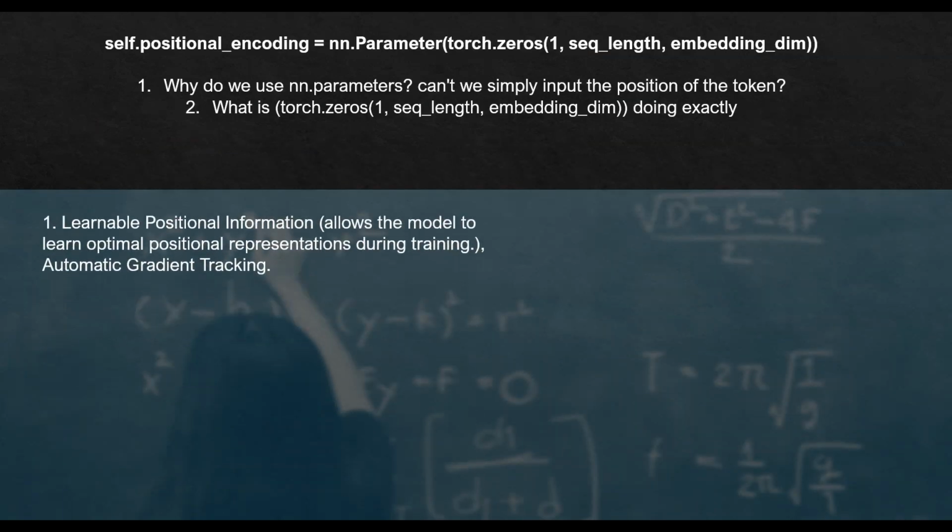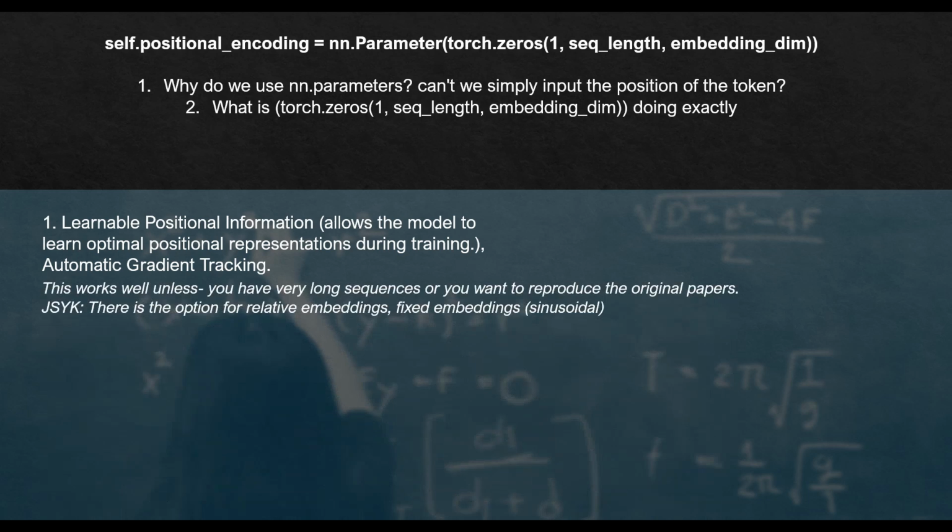Why are we using nn.Parameter and not just the exact position? Why not hard-code it? nn.Parameter makes it learnable information for the model. It allows the model to learn the optimal positional representations during training, and it also provides automatic gradient tracking. Those are not the only ways to do positional encoding. You can also have fixed embeddings, that is sinusoidal, which were used in the original Transformer paper, Attention Is All You Need.